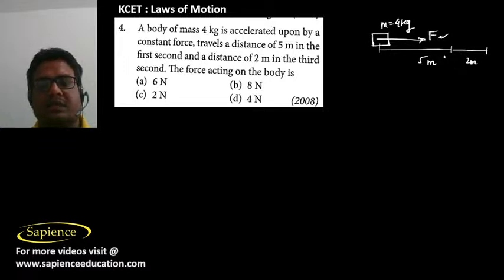The force acting on the body is... Force is equal to mass into acceleration, so acceleration will be equal to the force by mass.